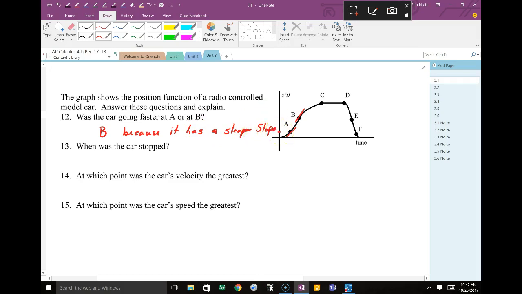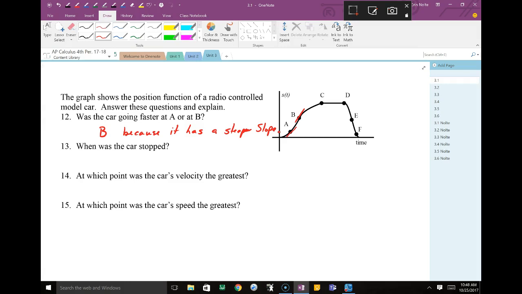Okay. When was the car stopped? Okay, and how do you know that? The slope didn't change. Okay, now, not that I'm disagreeing, but what if it was a straight line? A linear piece would have the slope is 0.